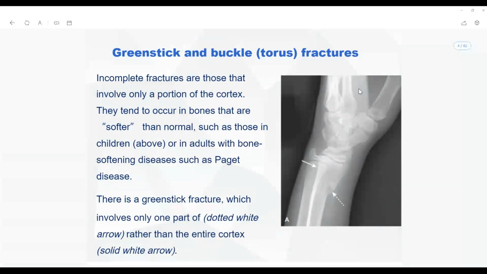Whenever you are analyzing a problem of a joint in the radiograph, you should always include the anatomical bony relations proximal to the joint and distal to the joint. It's always necessary, okay?